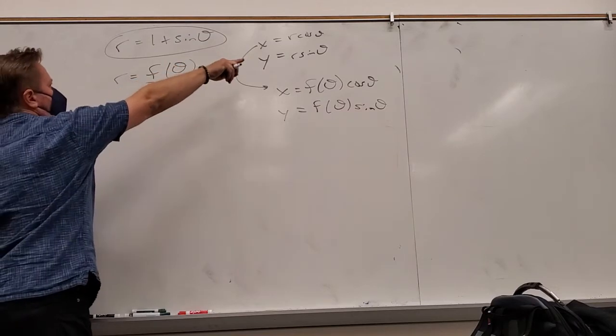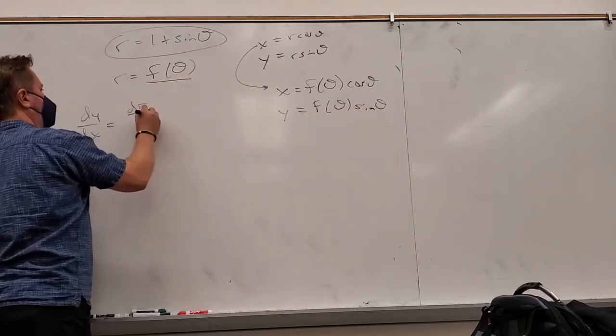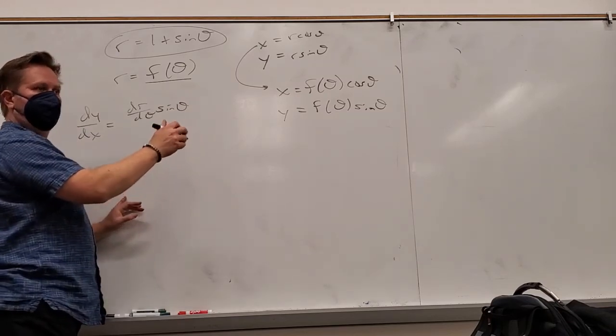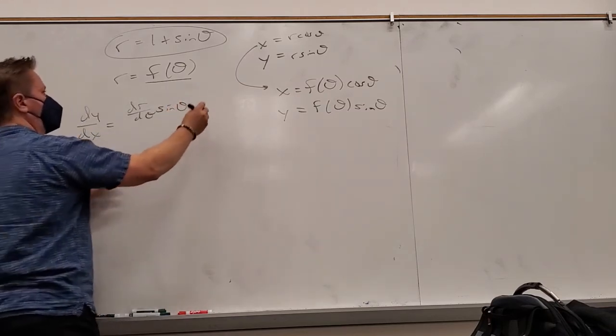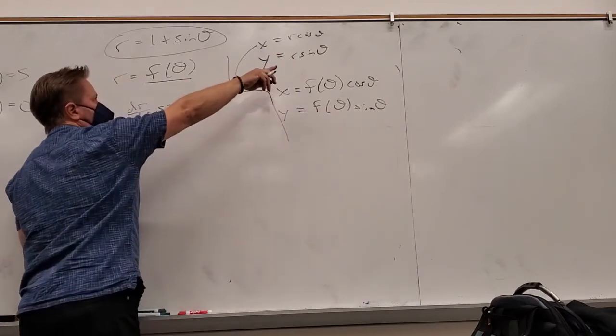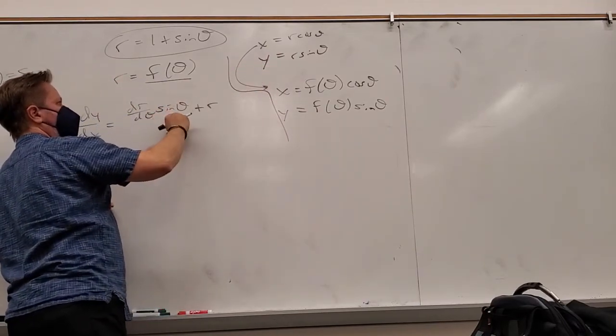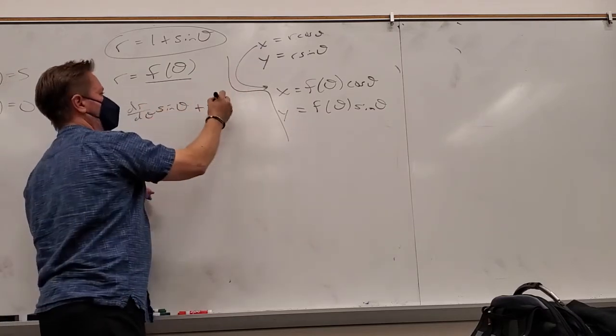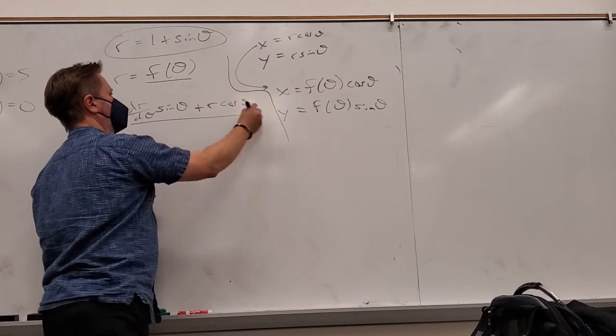So everybody, I have to remind us R is a function of theta. So what's dy? It's going to be dr d theta times sine, doing product rule, right? Plus r times, so derivative of r times sine plus r times the derivative of sine, cosine. All right, we stop for a minute.